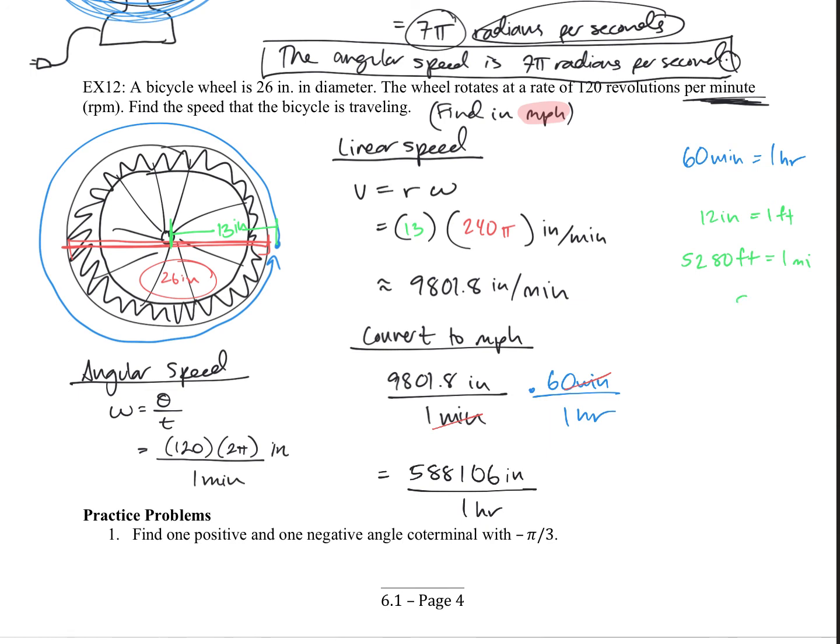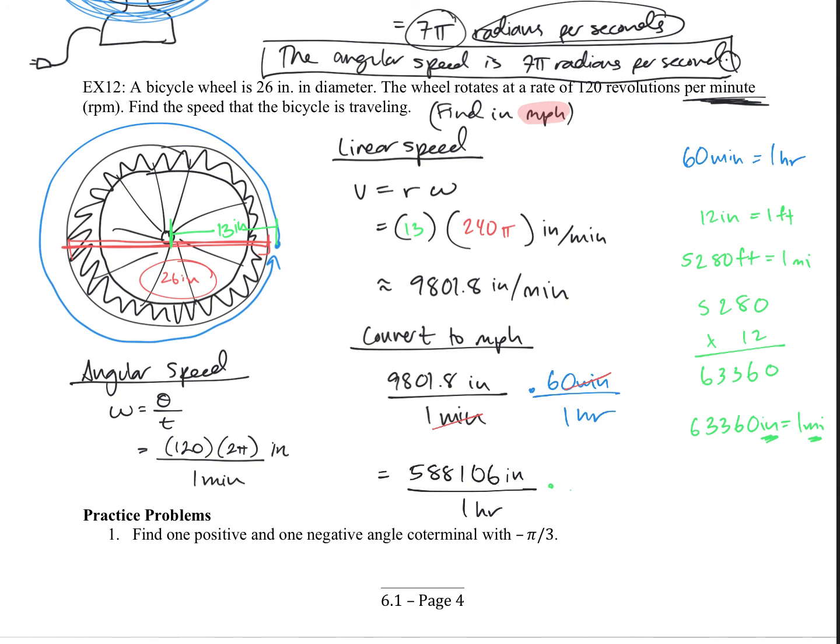Hey, so if I multiply 5,280 times 12, I'll get, multiplying this out, 63,360. I'll get that many inches. So 63,360 inches in 1 mile. And I have created an equivalence with inches and miles. So go ahead and multiply that here.